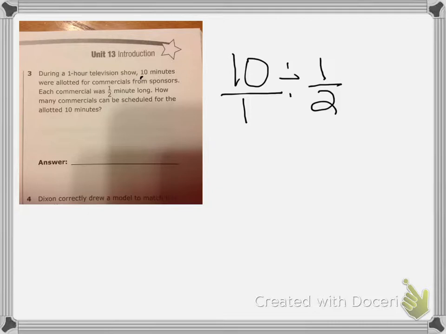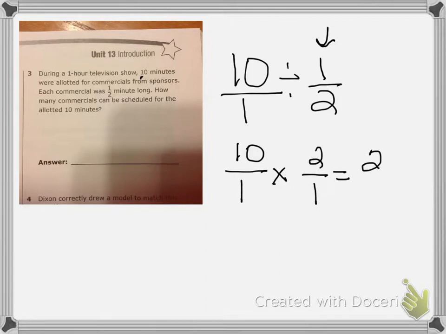Now, again, I'm going to do the reciprocal of which fraction? That would be that second fraction. So 10 over 1 and 1/2 turns into 2 over 1, right? And again, we multiply. 10 times 2 equals 20. 1 times 1 equals 1.